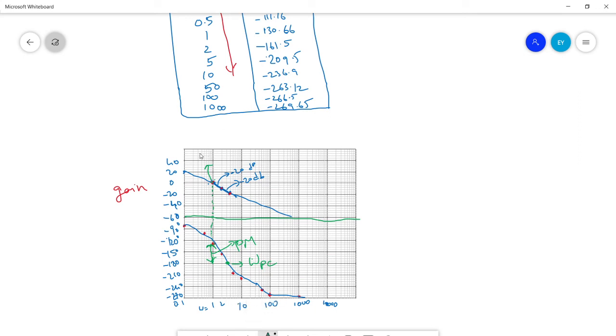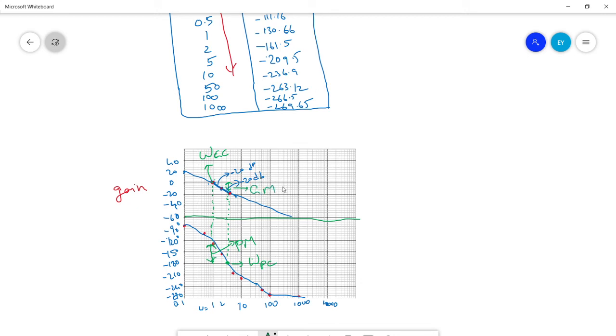If you draw a perpendicular where it touches the gain plot from 0 dB, that is the gain margin.